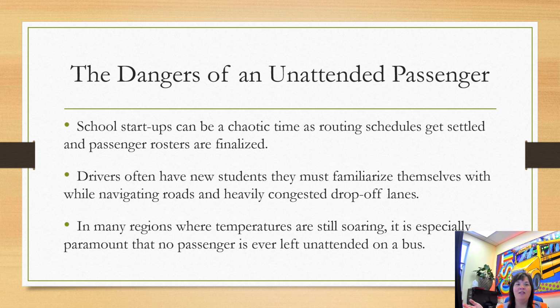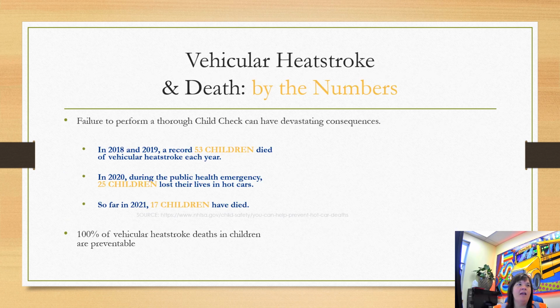So then you start greeting them by their name and you start seeing them. Then, after you've gone through that process of recognizing, you start to realize if Natalie didn't get off at her stop in the afternoon, you wonder where she is. And that's that familiarization that's so important with the unattended passenger problem that we have. So keep that in mind.